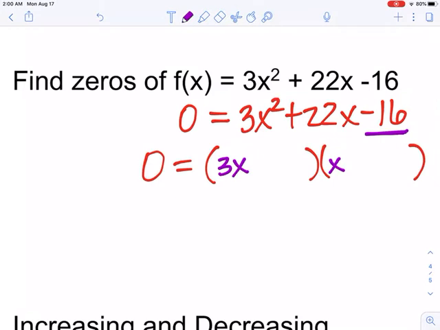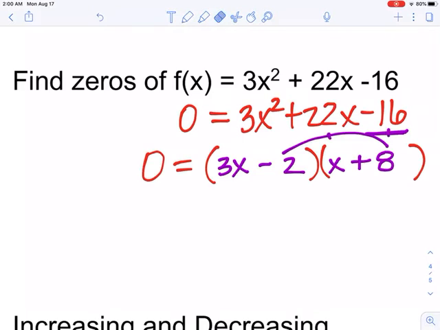Now, negative 16. What are different numbers that multiply to negative 16? We know that 8 times 2 is 16. So if we say plus 8 and minus 2, negative 2 times 8 would multiply to negative 16.